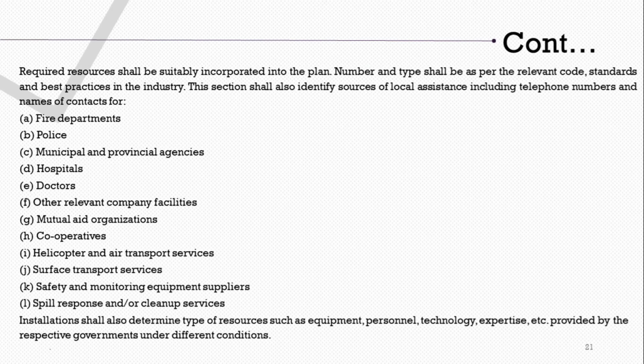We also have to call the hospital as well as doctors. And in case of some areas where direct access to the fired area is not possible, we require helicopter and air transport services as well. Now further discussion will be carried out by my friend Kaushal.